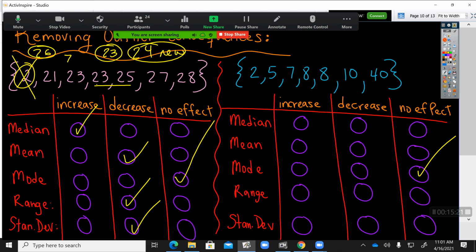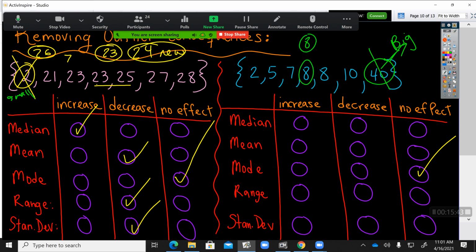Now let's look at the second example. I'll put these check marks in green so you can see the difference. Now in this example, the outlier is a big outlier versus a small outlier. So when there's a big outlier, the number in the middle at the beginning is this 8.